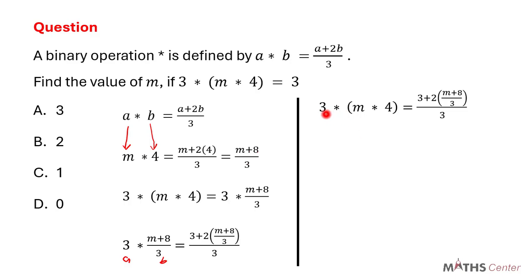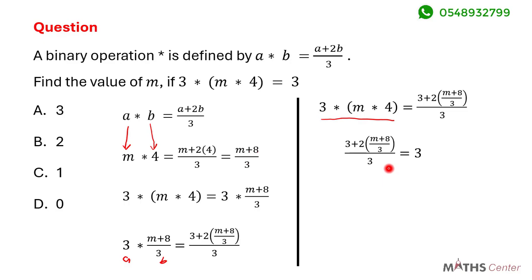So we can say that 3 star M star 4 is equal to (3 plus 2 times (M plus 8)/3), all divided by 3. This is what we have on the left hand side of the equation, and we know that from the equation 3 star M star 4 is equal to 3.